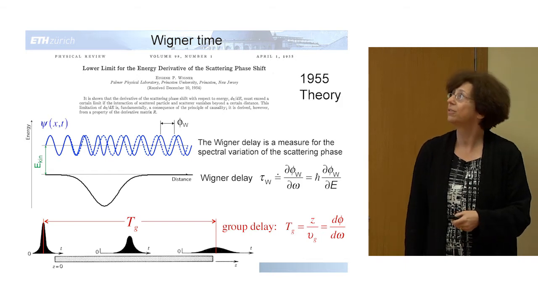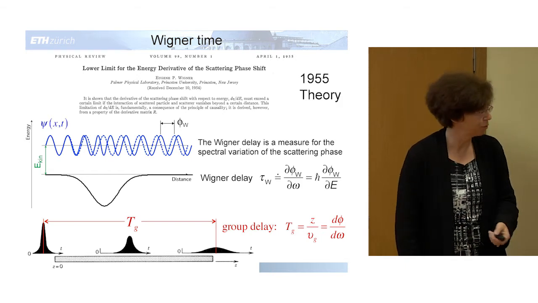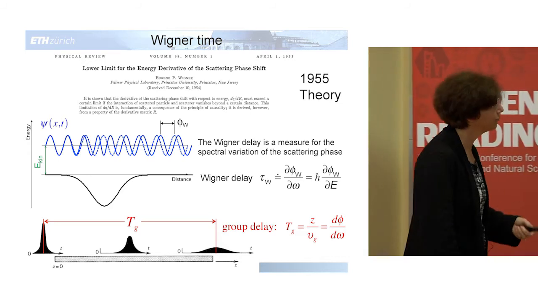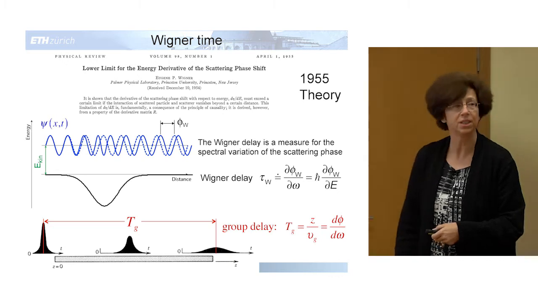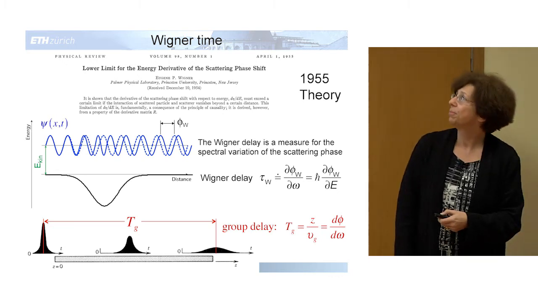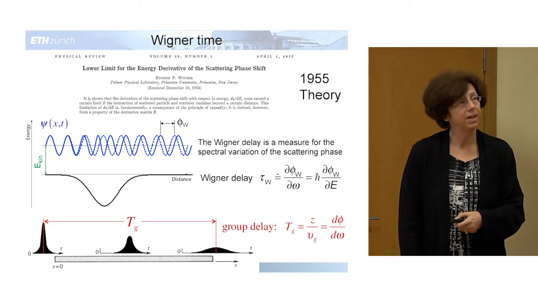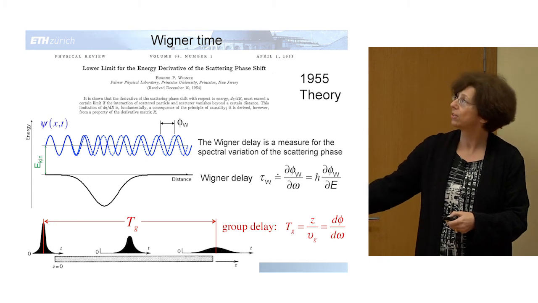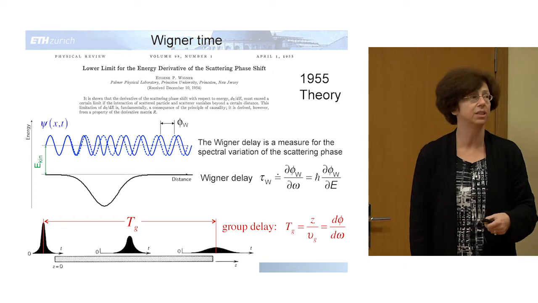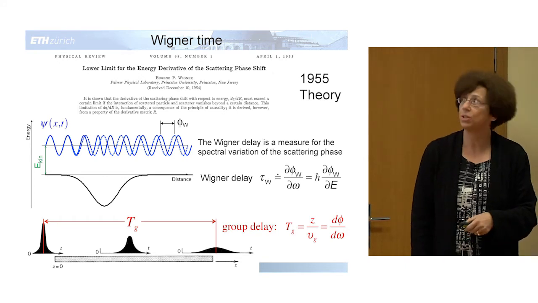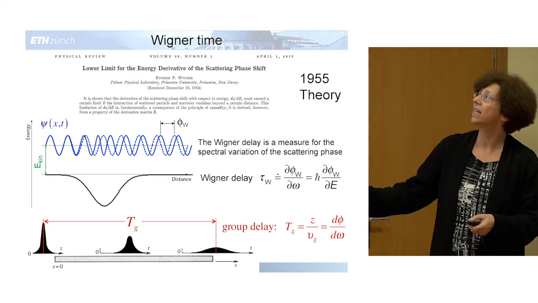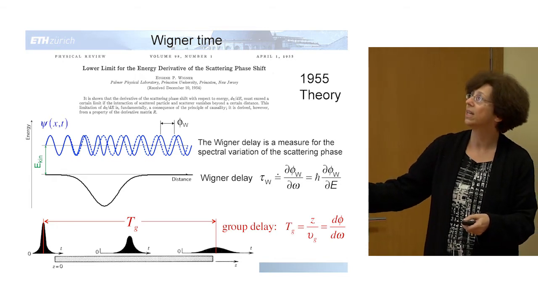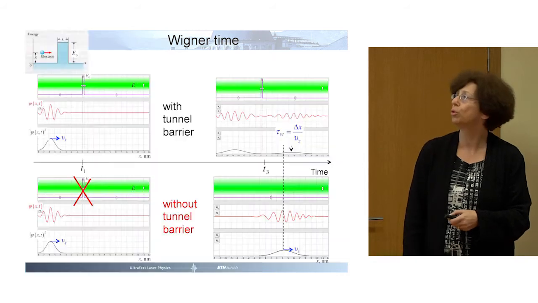And this phase shift was also referred to as the scattering phase shift, for obvious reasons, because of the experiments that you do. And when you look at the energy dependence of this phase shift, when the electron has different energy, you will experience different phase shifts. And if you take the derivative with regards to the energy, you then get the so-called Wigner delay. How long does it take for the wave packet to go through?